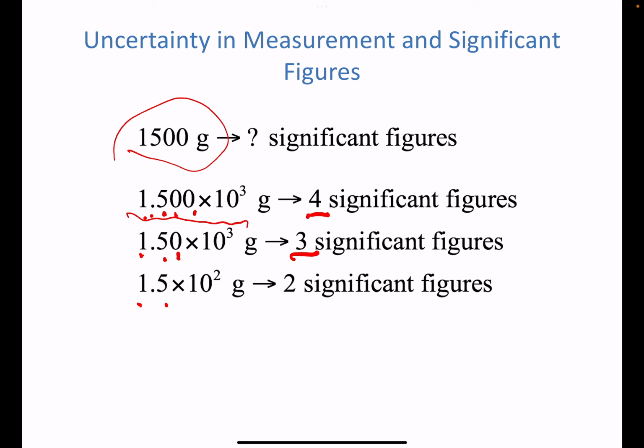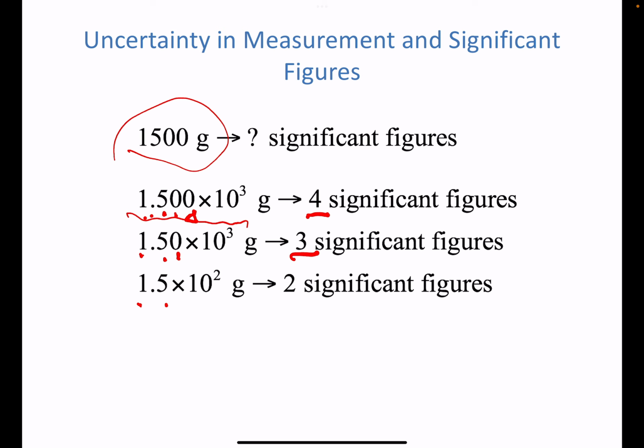So what's the difference? This one tells us we measured up to 1 gram, and we're pretty sure this object has a mass that is 1,500.